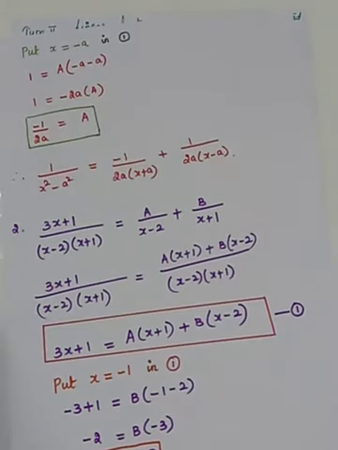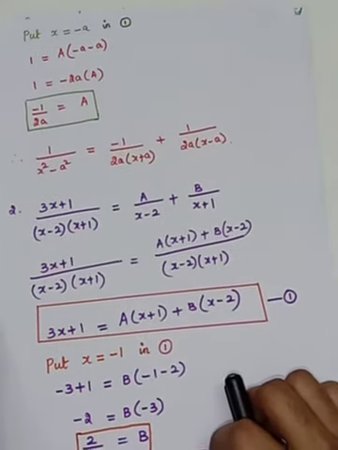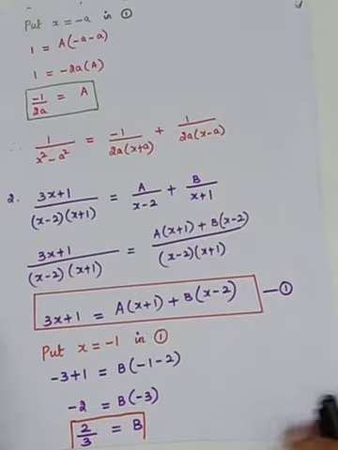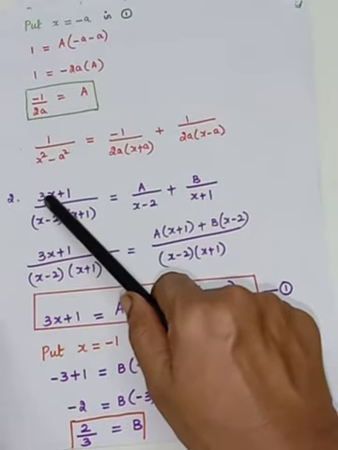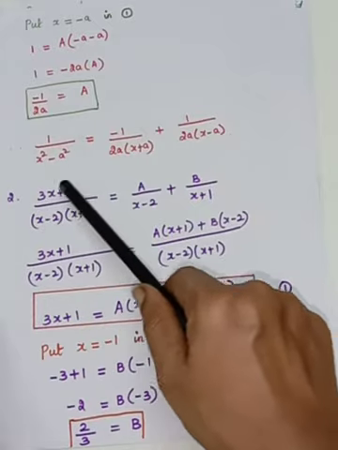See the second problem: 3x plus 1 divided by x minus 2 into x plus 1. What's the first step in partial fractions? You have to check the degree of the numerator. What is the degree? It is 1.